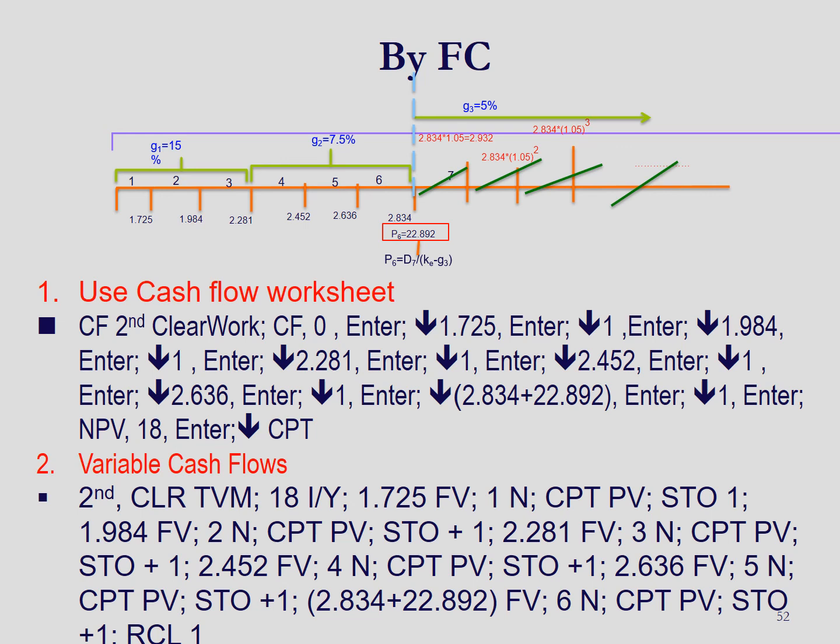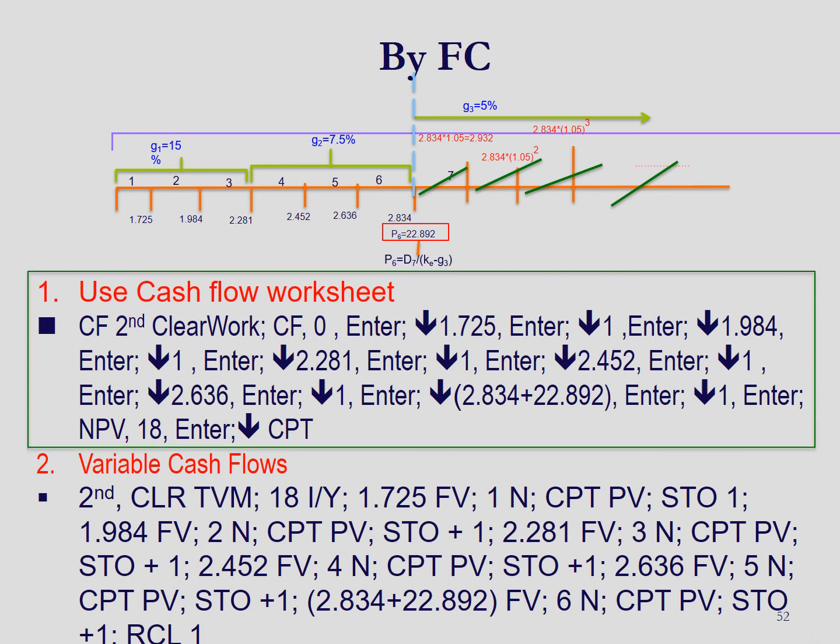Our problem then becomes to find out the present value of all 6 expected future cash flows, which are D1, D2, D3, D4, D5, and D6 plus P6. Here, we present you the detailed input values by implementing the cash flow worksheet function in TI BA II Plus or TI BA II Plus Professional to obtain the present value.